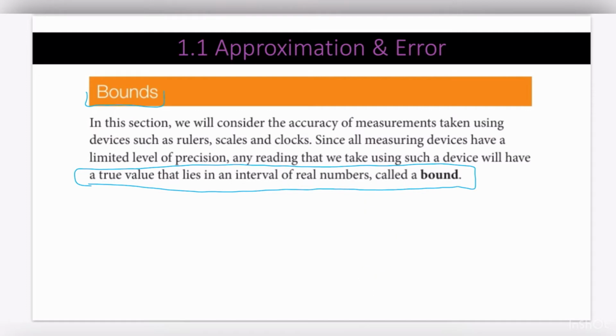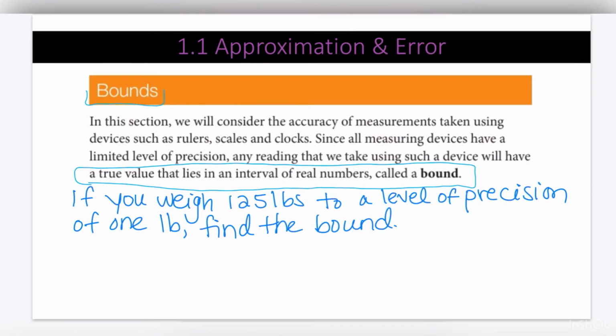Let's work with the example that I gave you about weighing 125 pounds and the scale giving you the level of precision to 1 pound. If you weigh 125 pounds to a level of precision of 1 pound, because remember the scale is going to be rounding our weight to the nearest whole number, then our job is to figure out the bound.